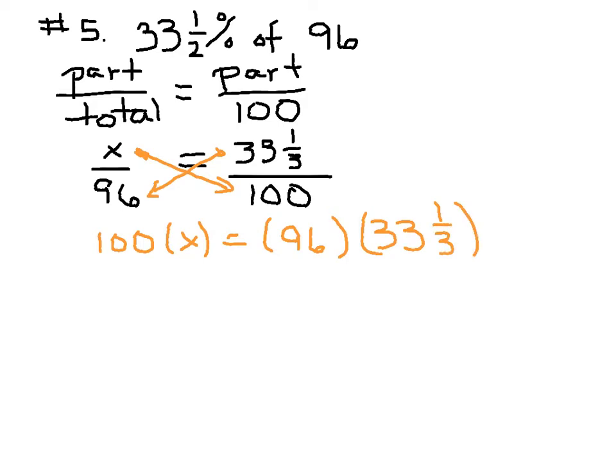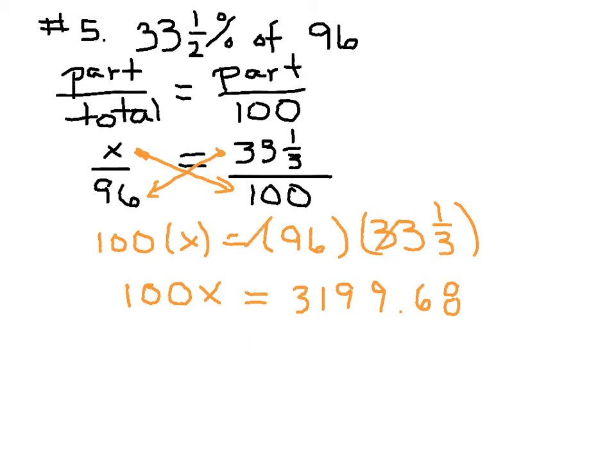So if we do that, we get 100x is equal to 96 times 33 and a third, which is 3,199.68. And therefore, let's see if I can erase this, if it will let me.